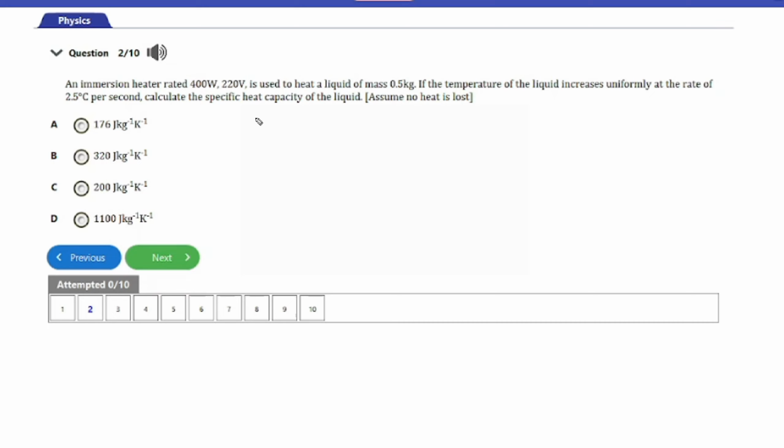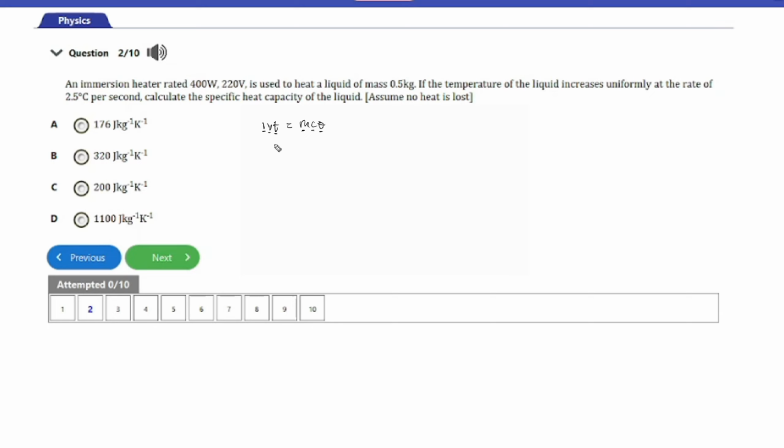For a question like this, we use the formula IVT is equal to MC theta, where I is current, V is voltage, T is the time, M is the mass, C is the specific heat capacity, and theta is the change in temperature.